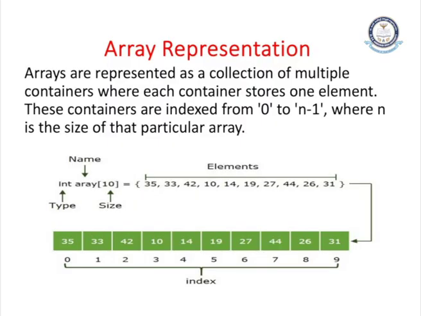See, this is the array representation. In an array, if you want to store some values, here I store some numerical values: 35, 33, 42, 10, 14, 19, 27, 44, 26, 31. The array will store these values using a numerical index.